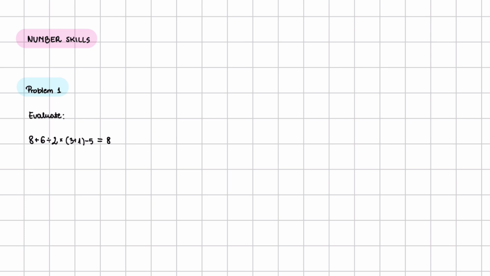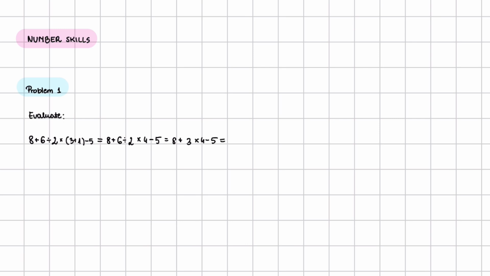So here we have 8 plus 6 divided by 2 times bracket 4 minus 5, and we firstly deal with the bracket, so 4 minus 5. Then we have to divide 6 by 2, so it is 3 times 4 minus 5.